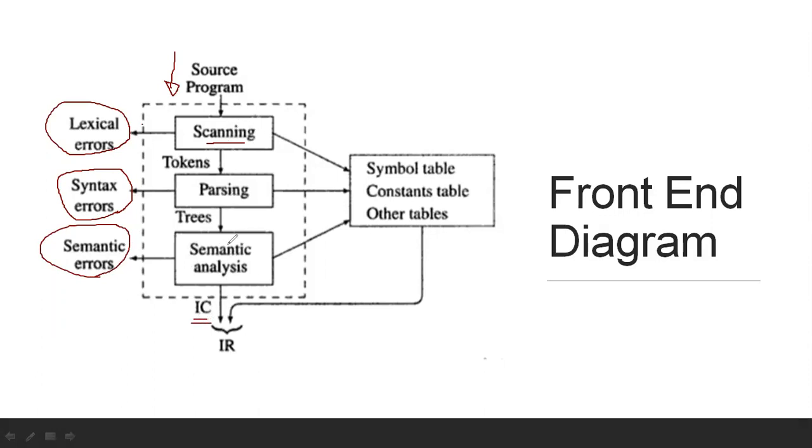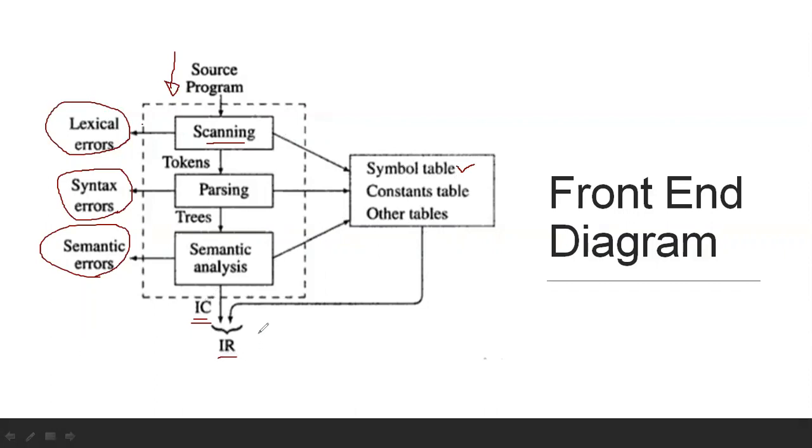But at the time of doing this, tables are kept, that is symbol table, constant table, and other tables we say. Here we will see symbol table in detail. So these tables interact at the time of scanning, parsing, and semantic analysis. These tables in combination with IC are called IR.